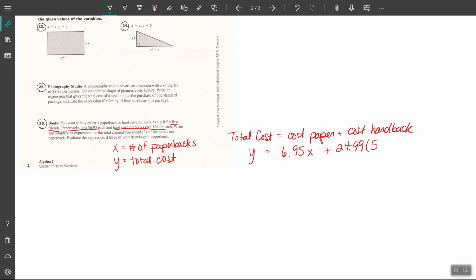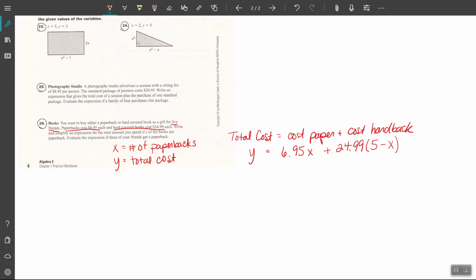So if I'm only buying 5 books and I want to know how many of those were hardback, all I need to do is subtract the number of paperback books I bought. So if I told you I bought 5 books and 1 of them is a paperback, then you would say 5 minus 1. You would know I bought 4 hardbacks, and you would take that 4 and multiply by $24.99 to get the cost for those hardbacks.